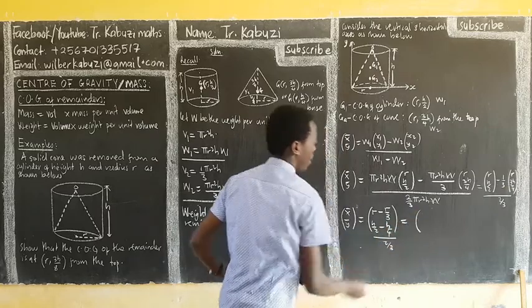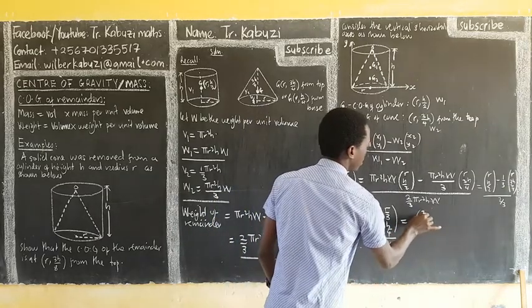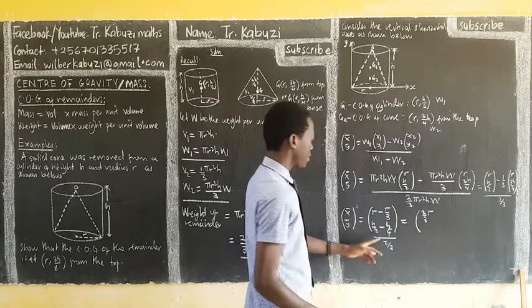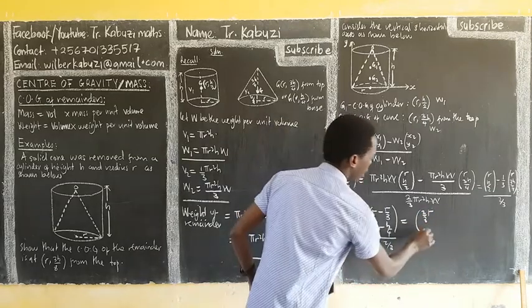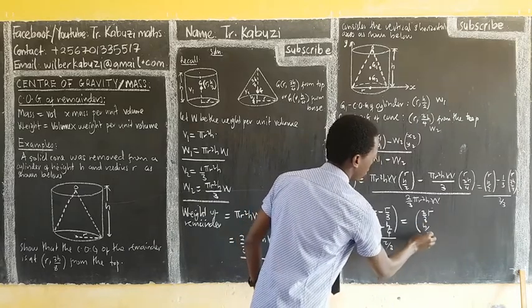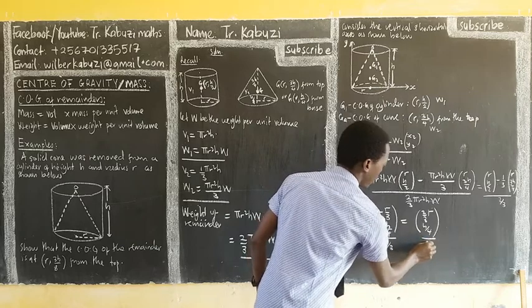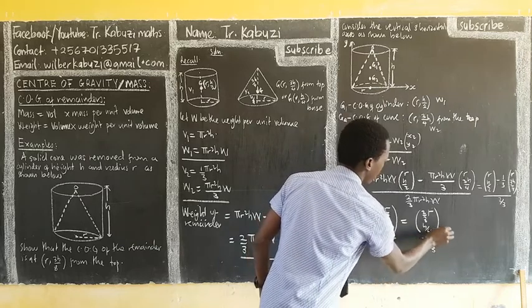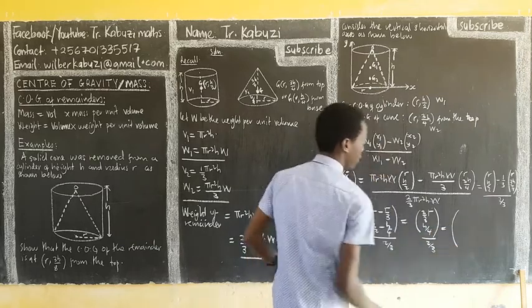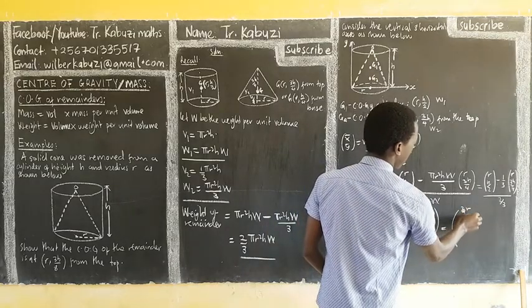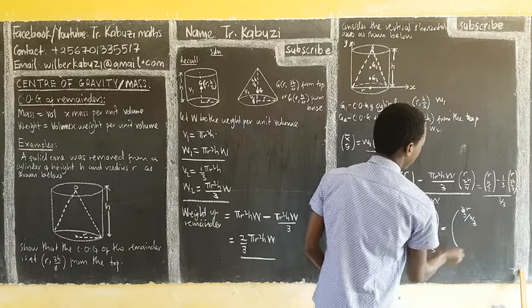Up there, we can simplify to 2 over 3 r. Then down, half minus a quarter gives a quarter h. Then dividing by 2 over 3, 2 over 3 r divided by 2 over 3 gives r.